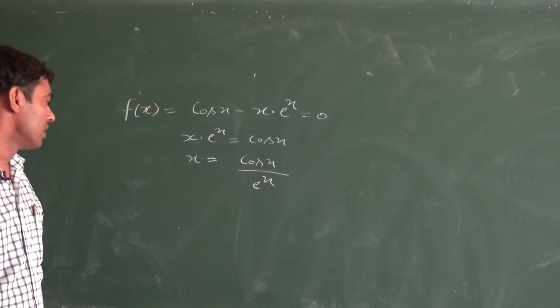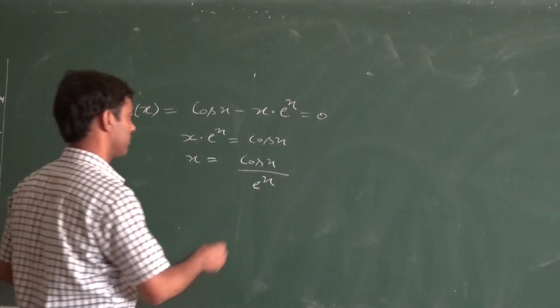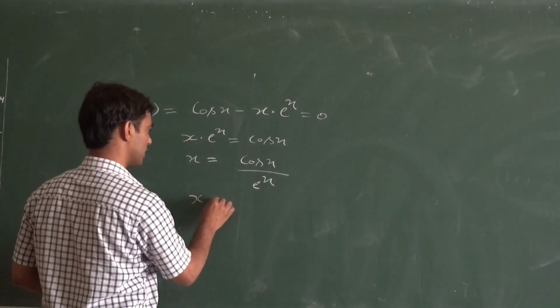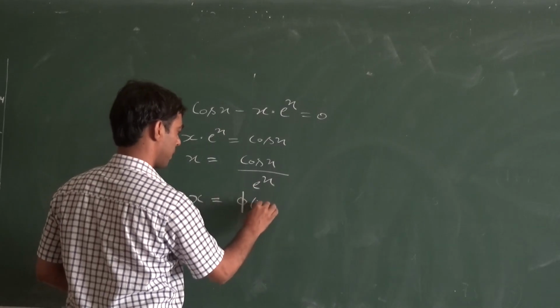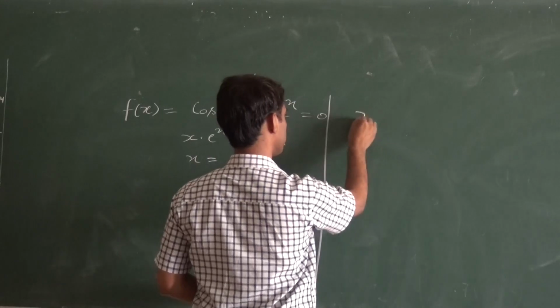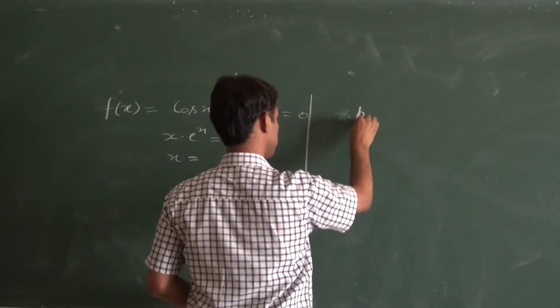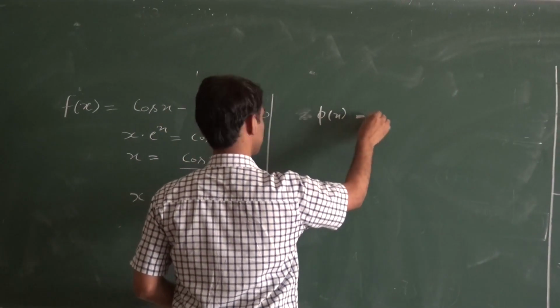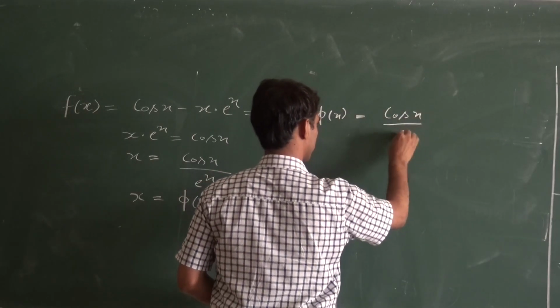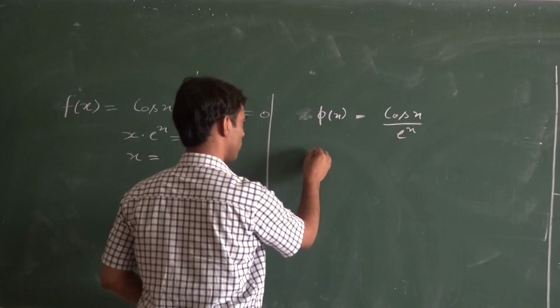Now suppose we consider this as phi x. If we compare, this is x equal phi x. What is the value of phi x? Phi x becomes cos x upon e to power x. Now what is the value of phi dash x?